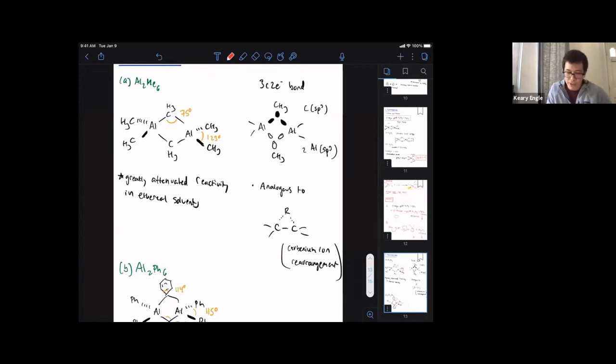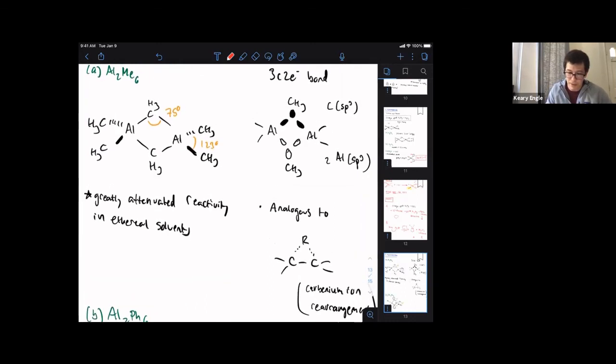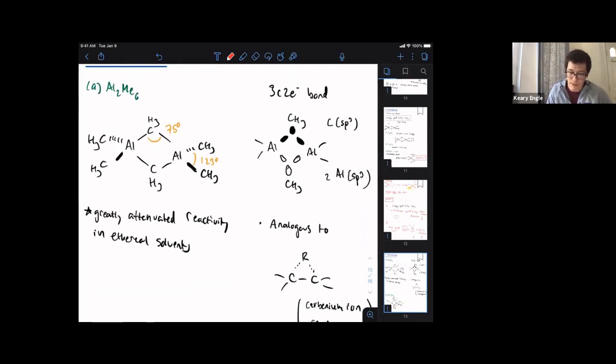And here you have these interesting mu2 methyl groups that bridge 2 different aluminum centers. The aluminum, like we saw above with magnesium and lithium, prefers to be of a tetrahedral structure. In reality, in the case of trimethylaluminum, it's a distorted tetrahedron. I've highlighted here the bond angles.